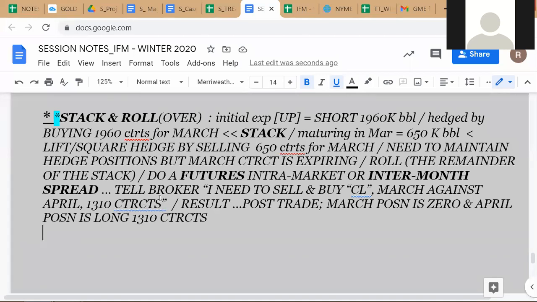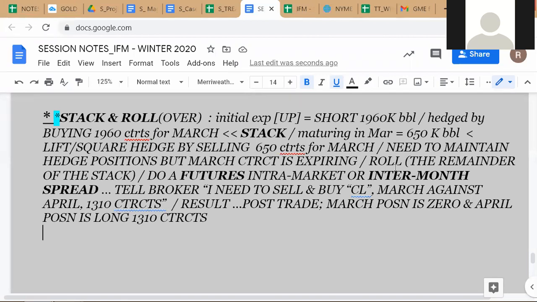You don't want that because the contract is expiring, so you have to roll this position from March to April. You do it by doing a futures inter-month spread. You call your broker and say, for CL, I need to sell and buy 1310 contracts March against April. The broker does it, and if you sell and buy, that means you're selling 1310 in March and buying 1310 in April.